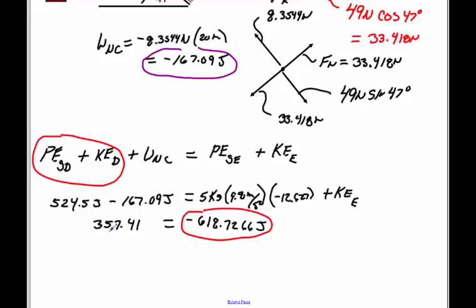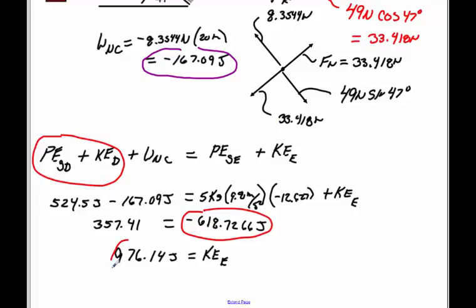Let me do it one more time, I keyed it in wrong. 357.41 plus 618.7266 gives me roughly 976.14 joules of kinetic energy. Again, that's the kinetic energy at E.